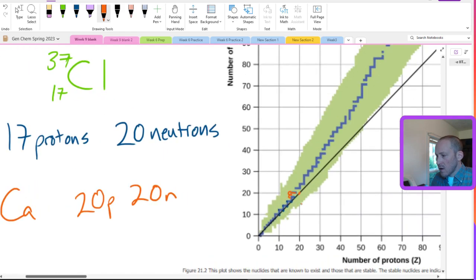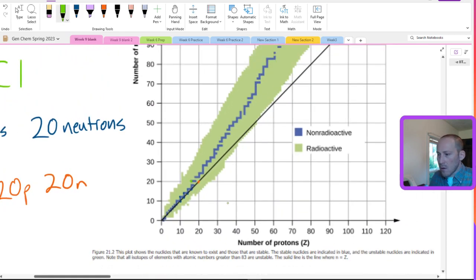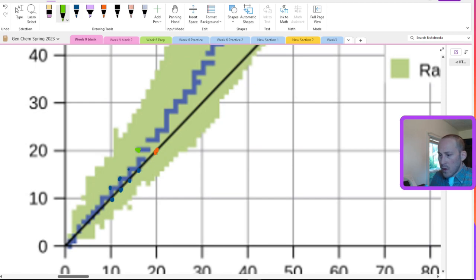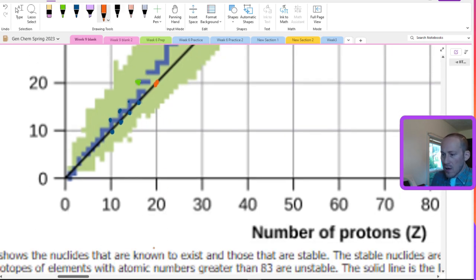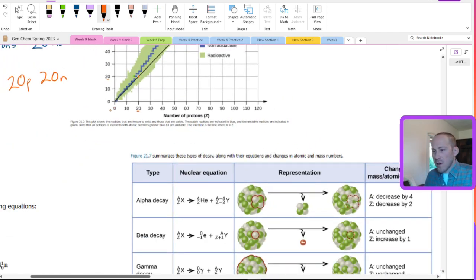Let's zoom in here. And I guess I'm going to be consistent. I did that other one with the green marker, the chlorine. So there's that. 20, 20 is right there, that orange dot. It is not on the blue line. So calcium 40 that has 20 protons and 20 neutrons would be radioactive.